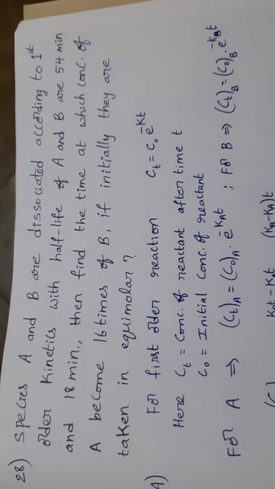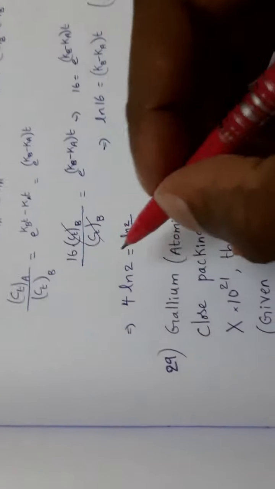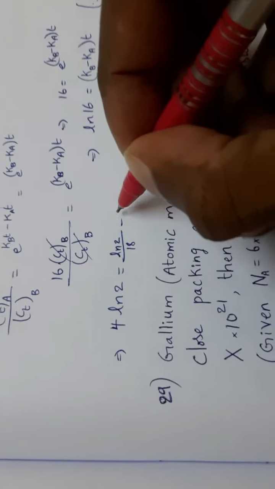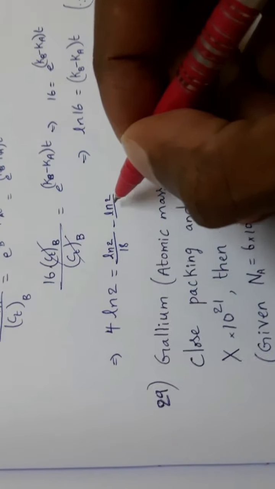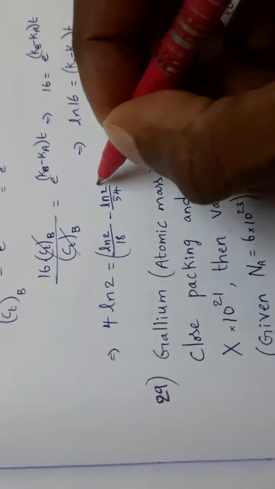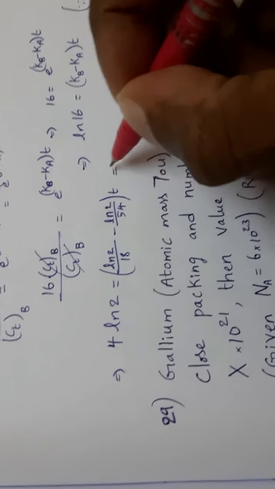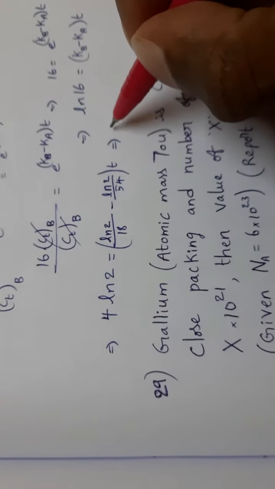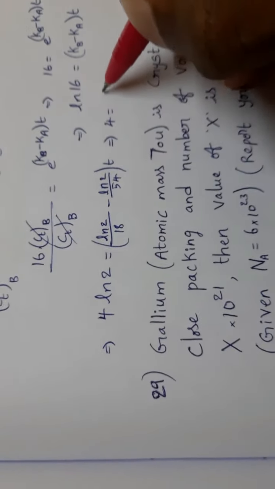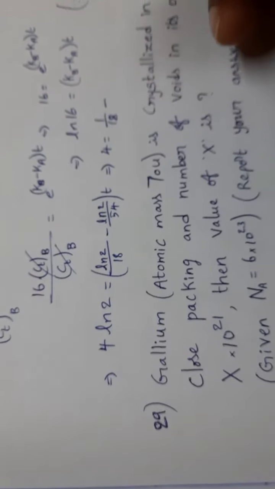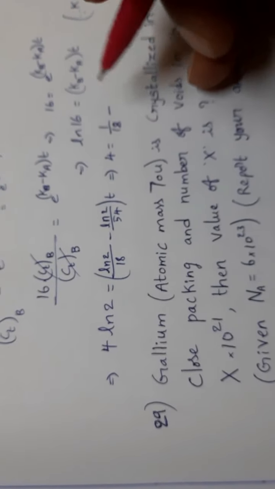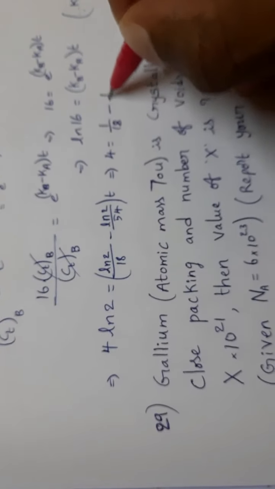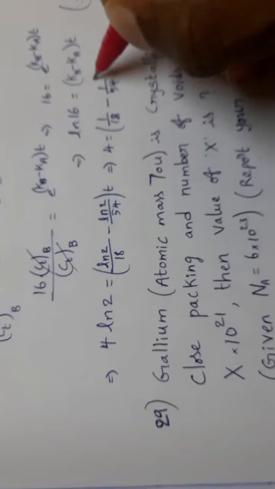Substitute the two values. ln 2 by 18 minus ln 2 by 54, into t. That implies ln 2 on both sides gets cancelled. So 4 equal to 1 by 18 minus 1 by 54, into t.